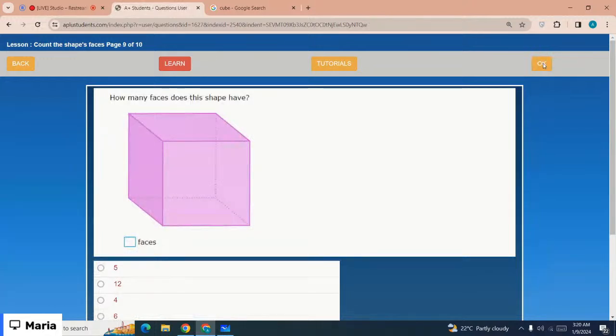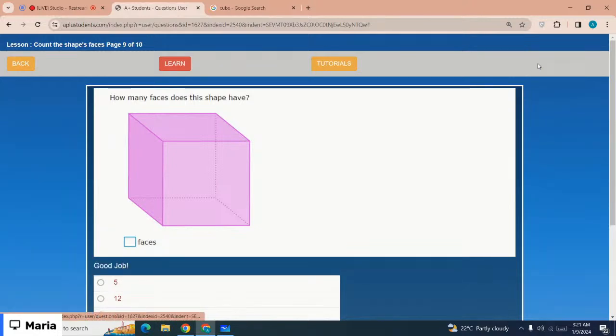How many faces does this shape have? Which is the correct option? Yes, the correct option is six faces.